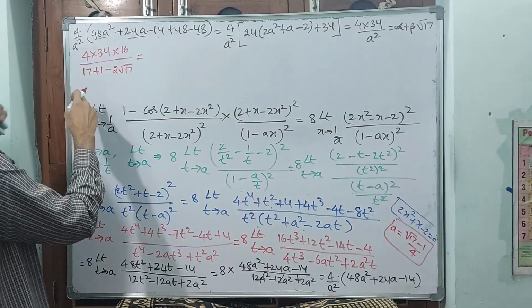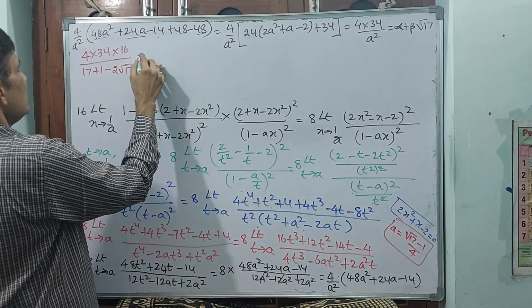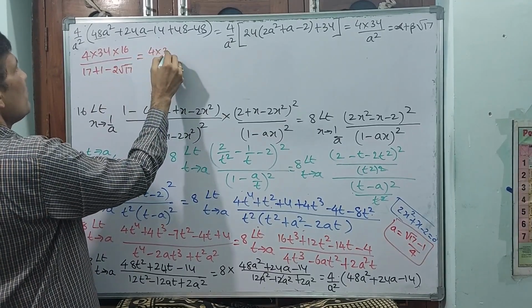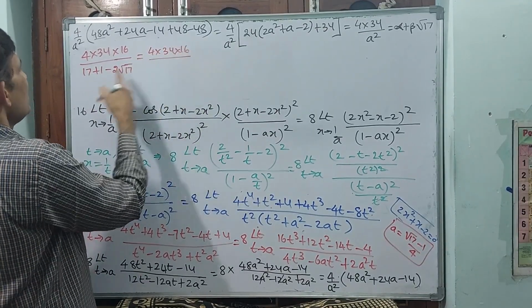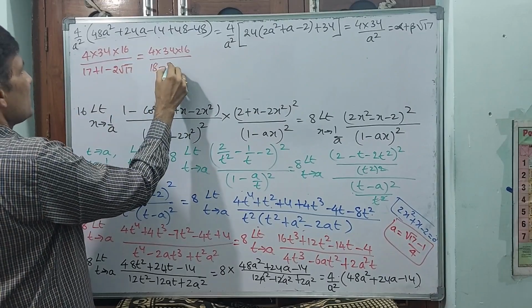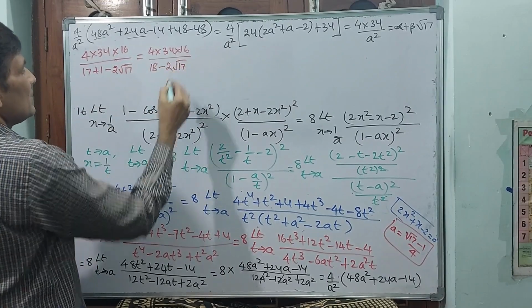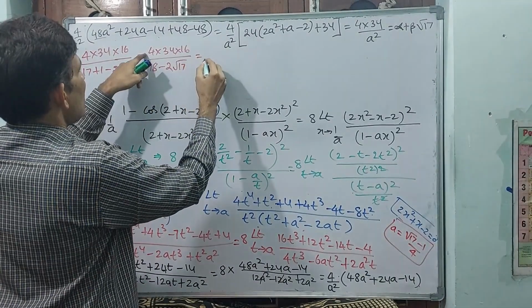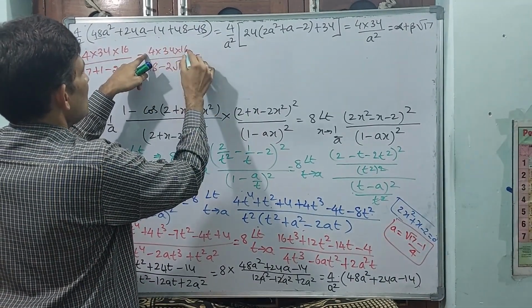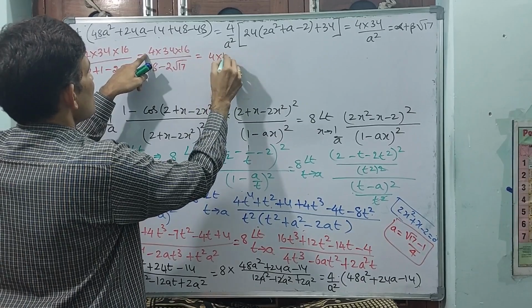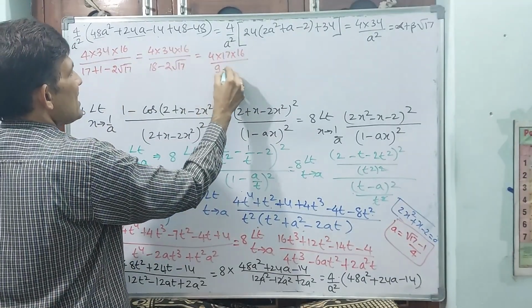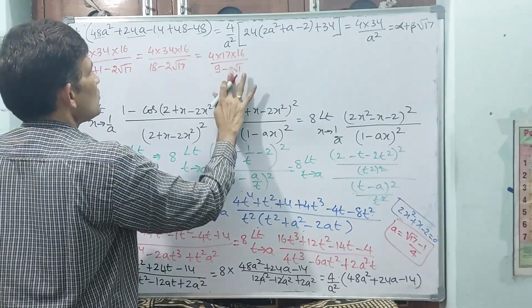Afterwards I will write. First let me do this. 4 into 34 into 16 by 18 minus 2 root 17. I can take 2 common. 4 into 17 into 16 by 2 I have taken common, minus 2 root 17 only.